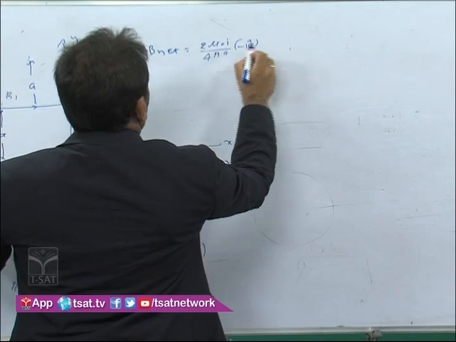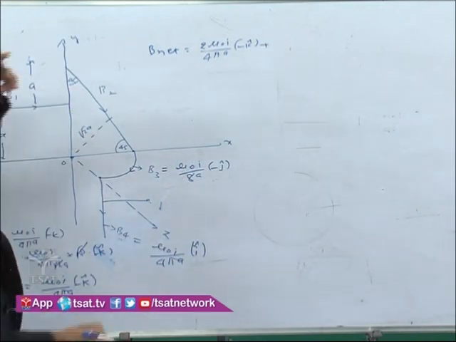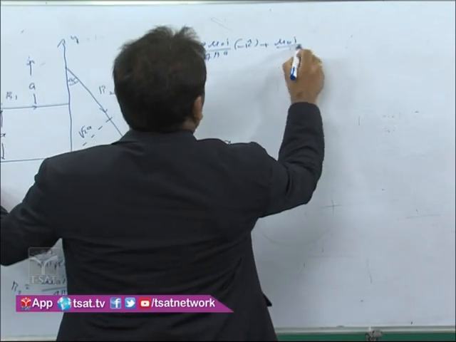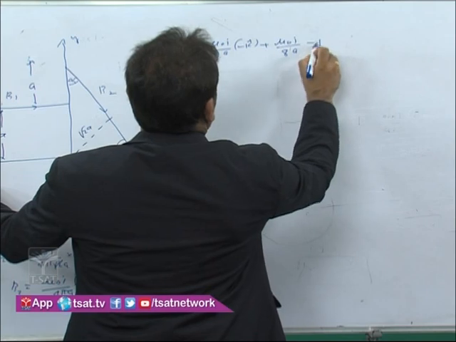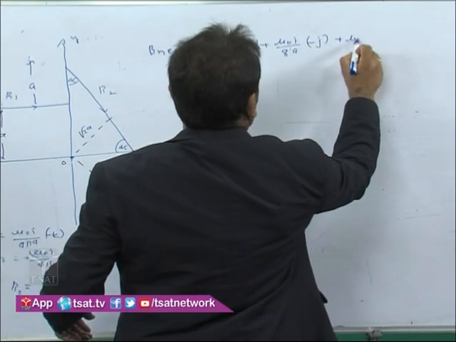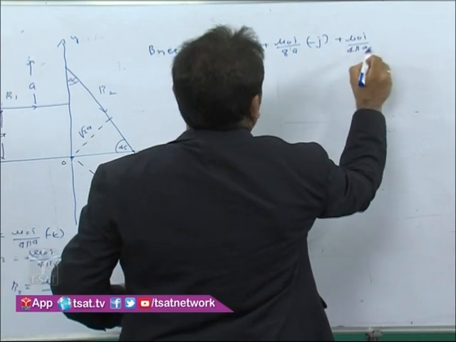B1 plus B2 are completed. Next, B3 is mu naught I upon 8A into minus j, plus B4 is mu naught I upon 4 pi A.